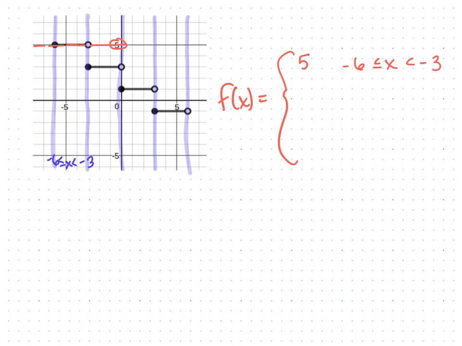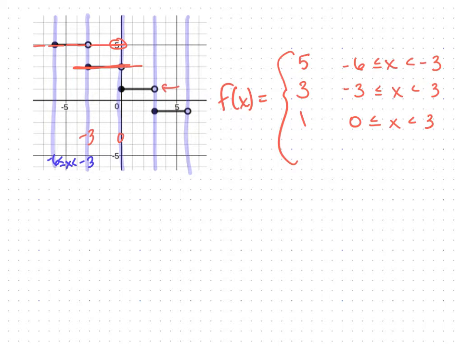So the next one is at 3, and that goes from -3 to 0. So -3 is less than or equal to x, which is less than 0. Now we're at 1. So we've got 0 is less than or equal to x, which is less than 3.